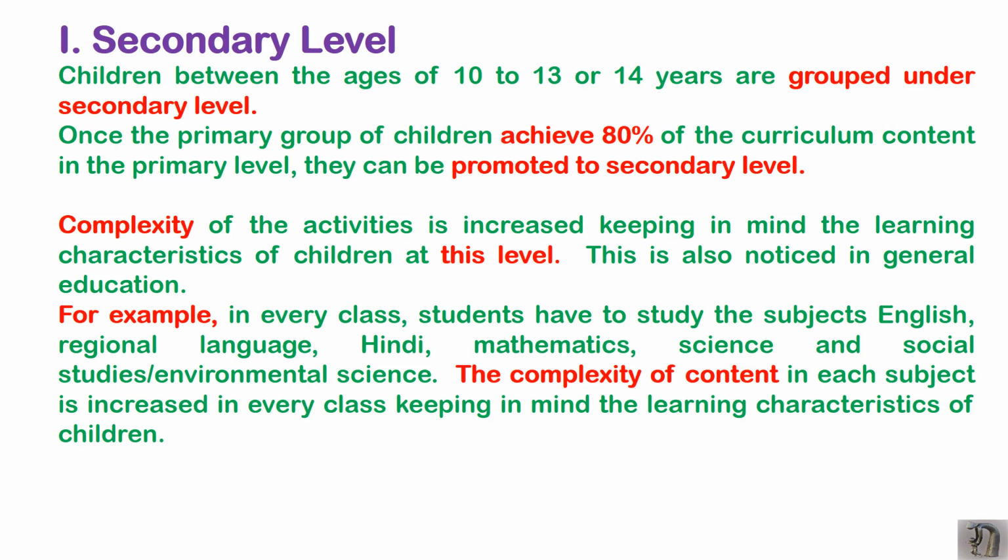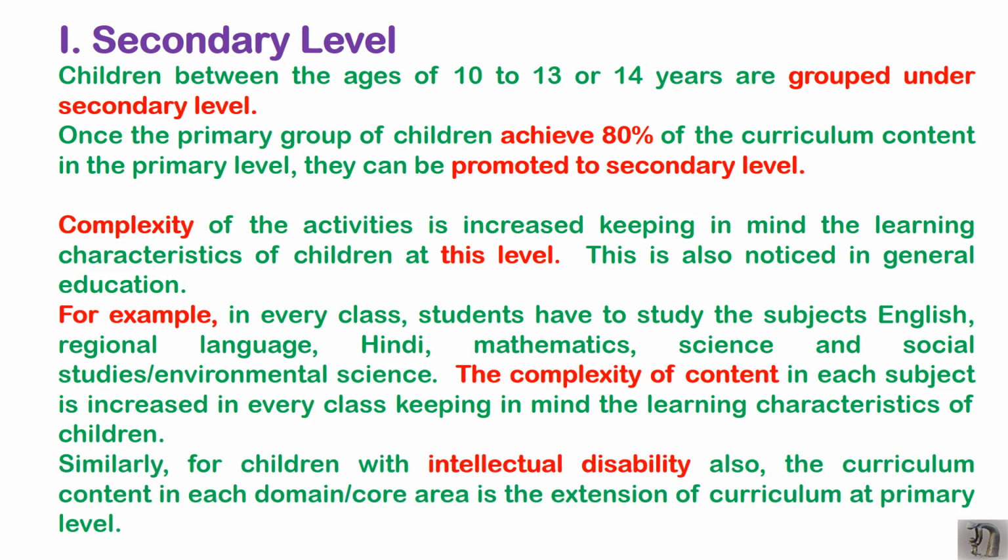For example, if the child has learned addition in the first grade, in second grade he will be learning a higher level of addition. It might be carryover, it might be a statement, or it might be in the form of triple digit addition. So that is how the curriculum is meant.